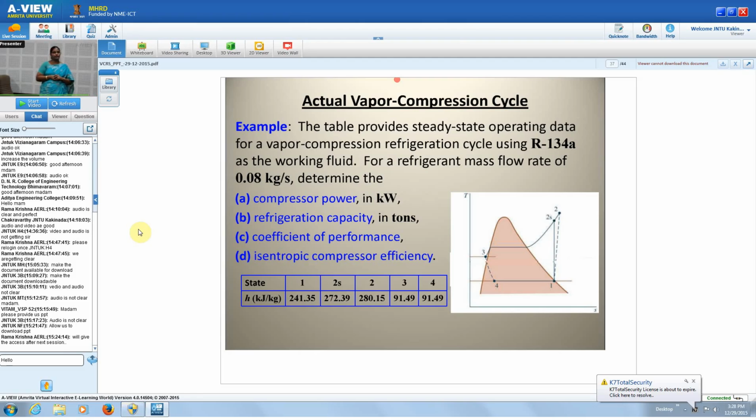Determine the compressor work or compressor power, refrigeration capacity in tons, COP, then the isentropic efficiency of the compressor.